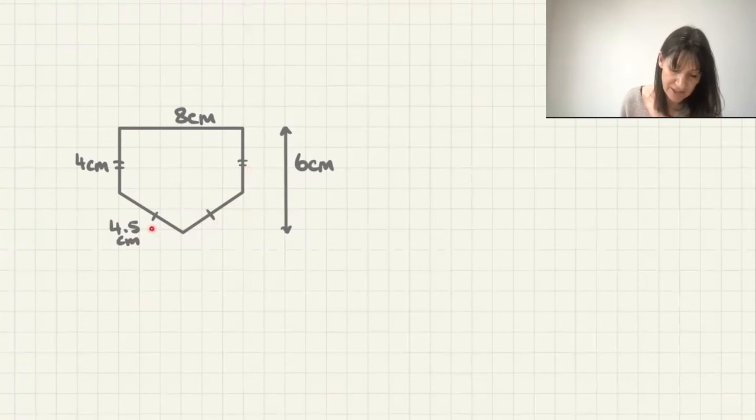And these dashes match. It means they're equal in length. So whilst this has a missing number, I can get it from here because it's an equal length. 1 dash is 4.5, so that dash is 4.5. The 2 dashes are 4 centimeters, so those will be 4 centimeters.